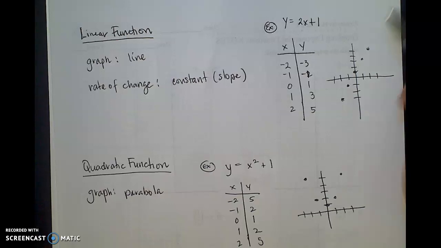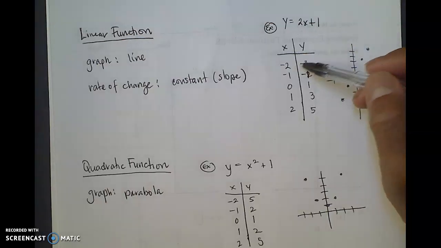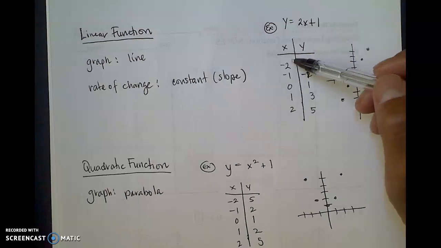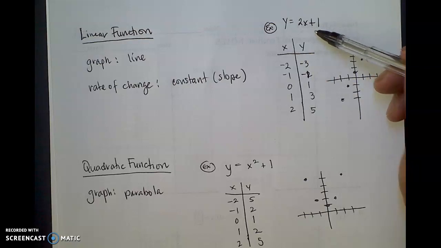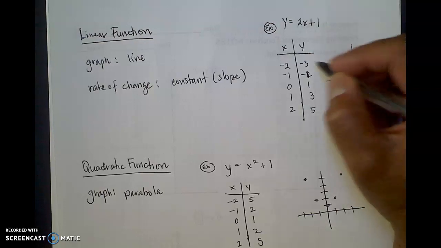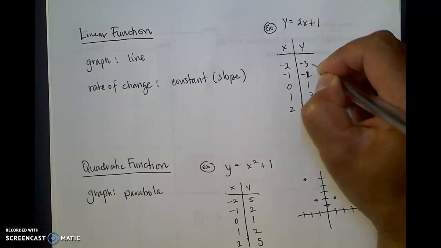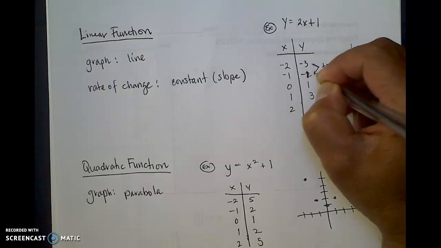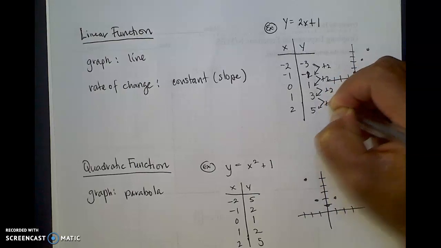Okay, so for example, here's our equation y equals 2x plus 1. So if we make a table for the graph, again picking our x values, plugging them in for x, solving for y. These are our y values, our outputs for the function. What you're going to notice, again, is in this table that as we go from one output value to the next, we have to add 2 to get to the next output value.